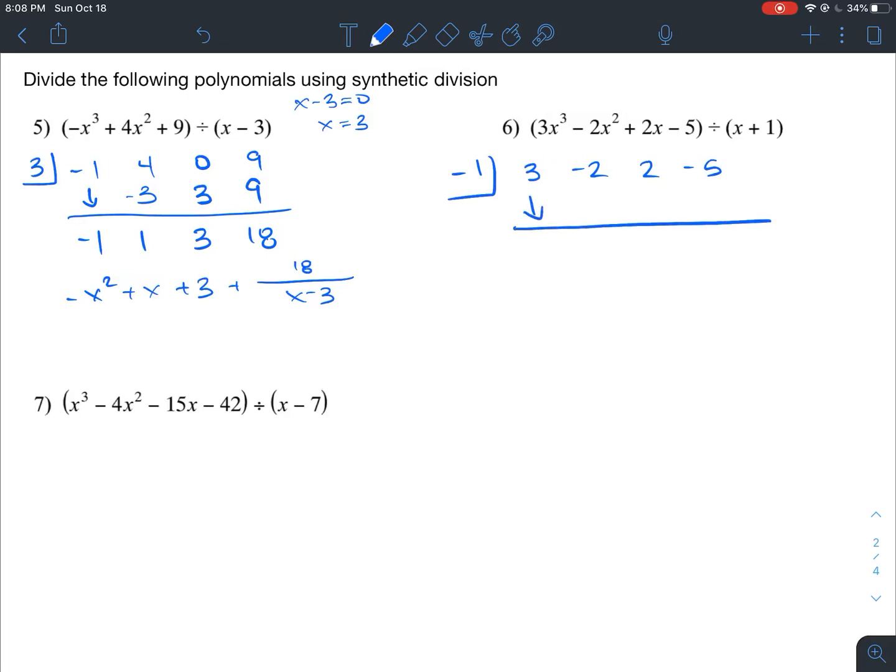Drop this number right here and multiply that with that number up there. So 3 times -1 is -3. Add these numbers.